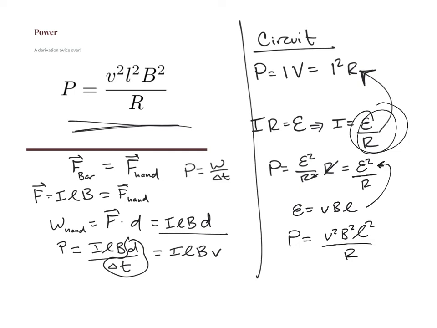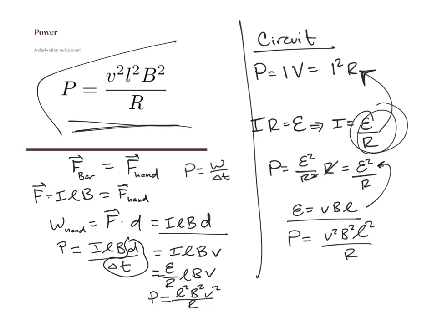It is EMF over R. So we could say this equals EMF over R, LBV, and we also said EMF equals VBL. So to plug in VBL here for EMF, you would end up getting power equals L squared B squared V squared over R, which is precisely the same thing as we got.